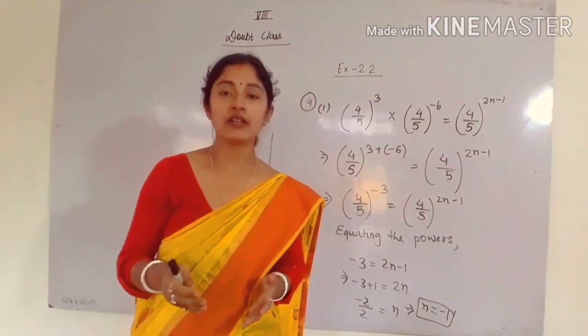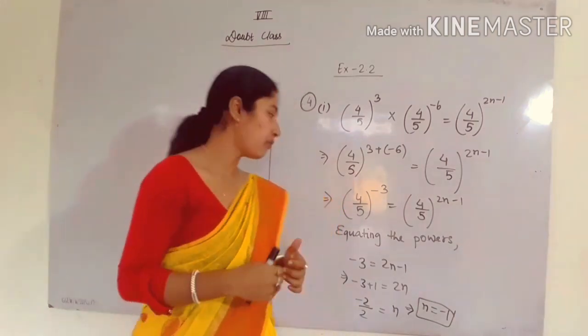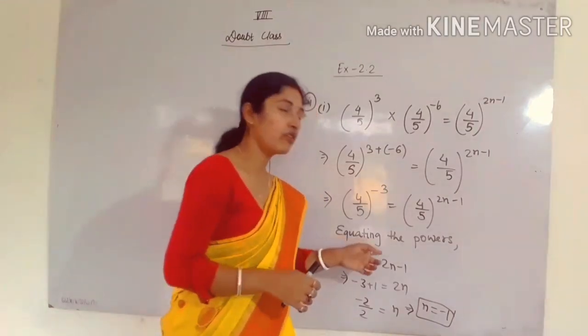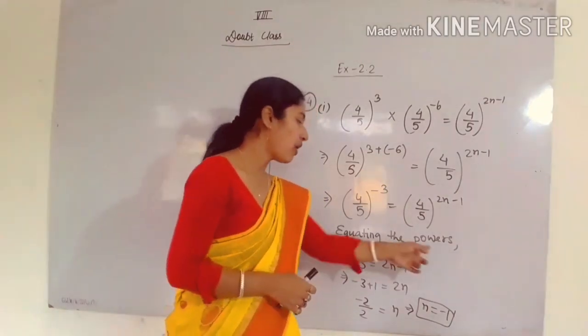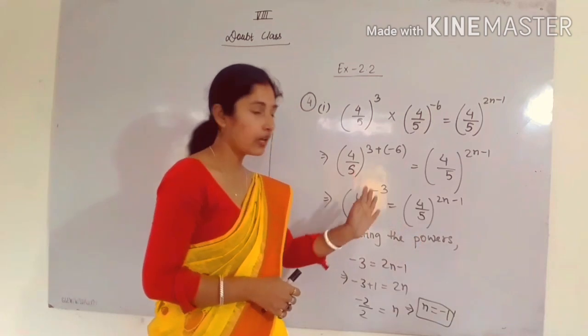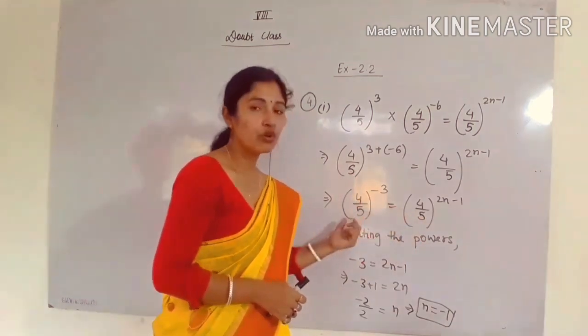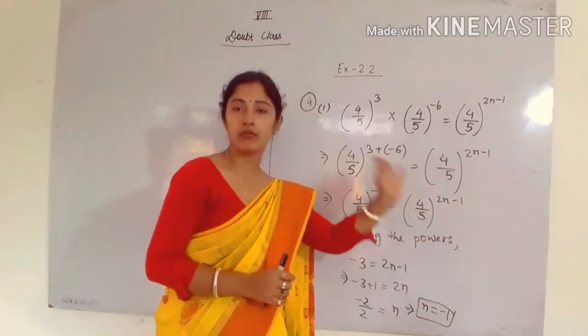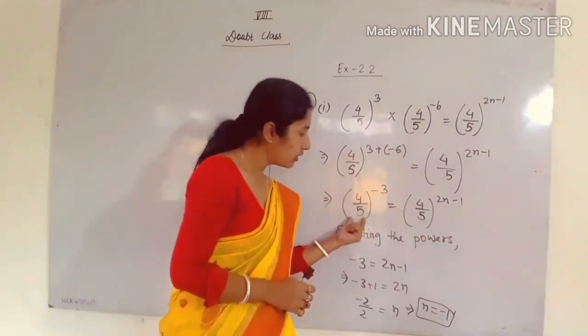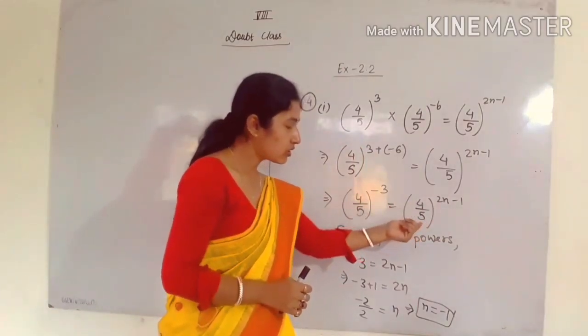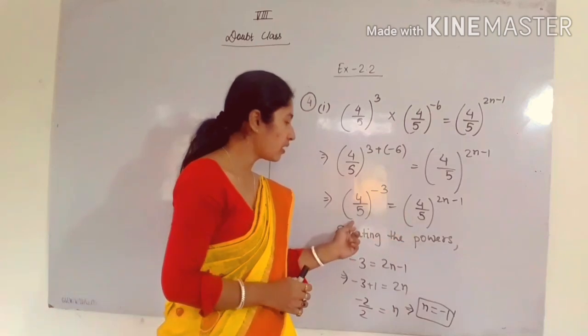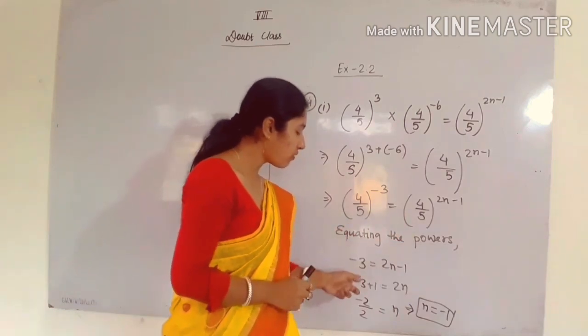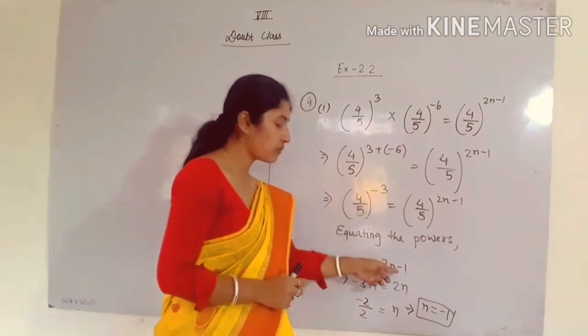So you write, equating the powers. It is already shown in the equation that the base is the same, so no need to write that. So we write equating the powers. We get minus 3 is equal to 2n minus 1.